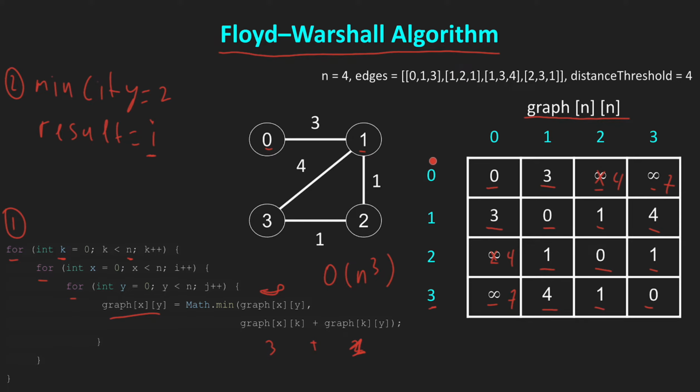So for example, in this case, 0 and 3 have both 2 connections, 2 paths, which is less than or equal to our minimum, right? And we need to return 3. So we are setting our result to i, which is 3, and we are returning that.